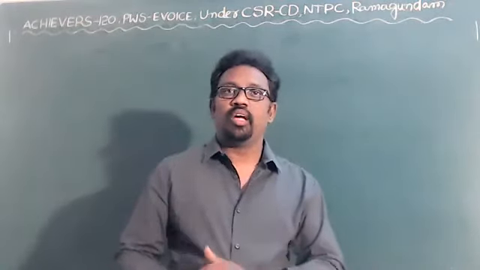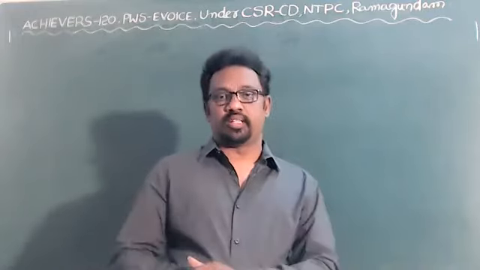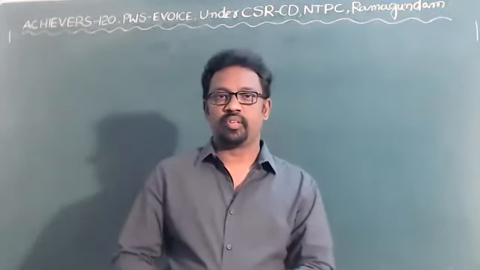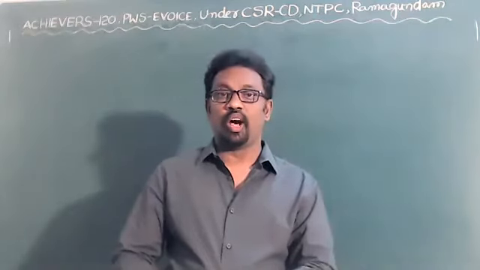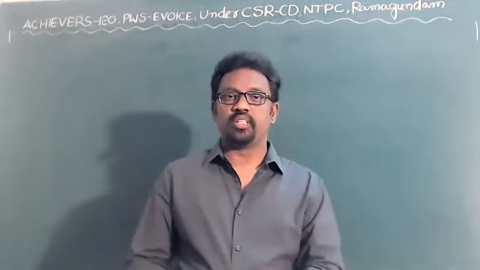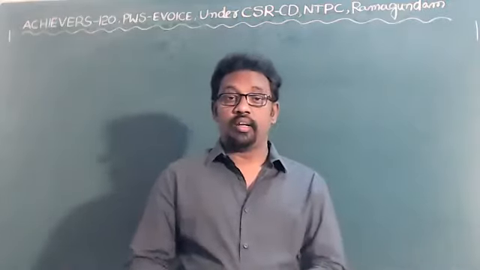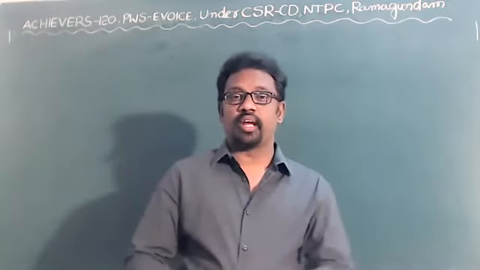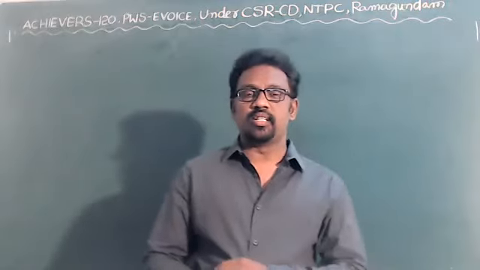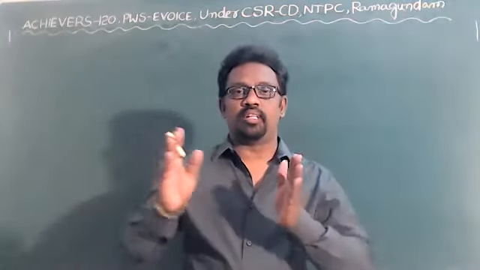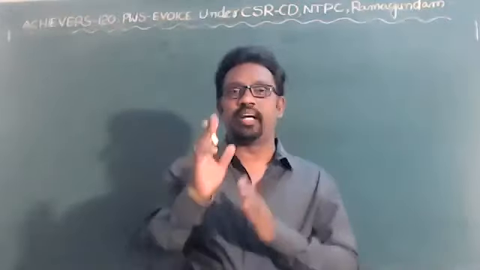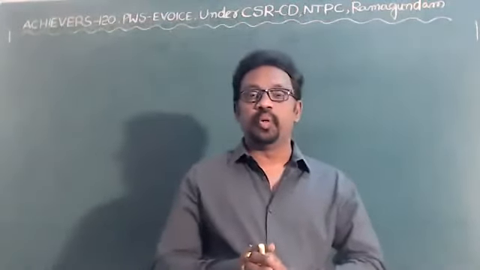In the problem itself, you will get that roster form and set builder form. I hope that you know what union is, what intersection is, and what difference is. Once again, I will recall what union is. Union means all the elements you will write in one set called union.